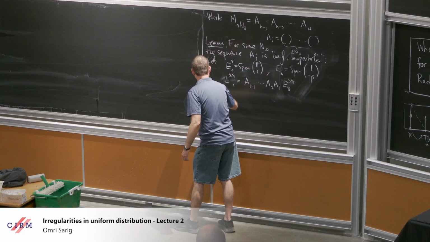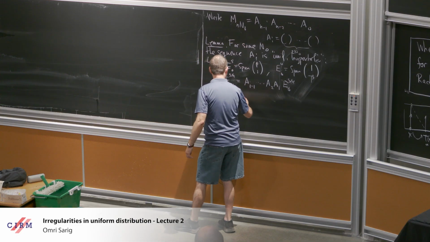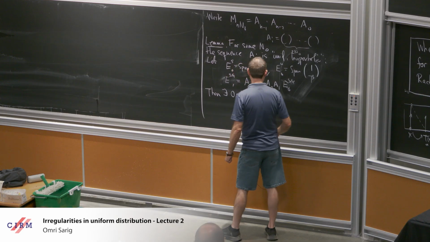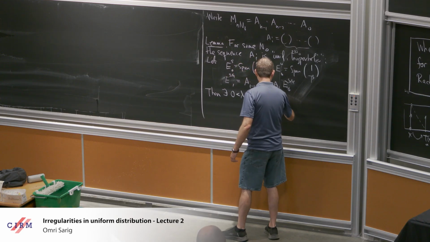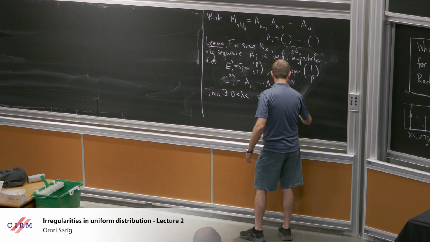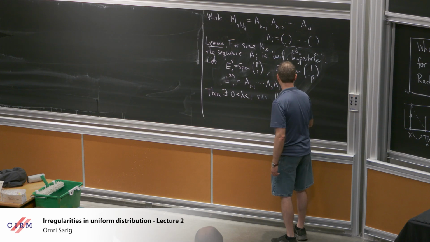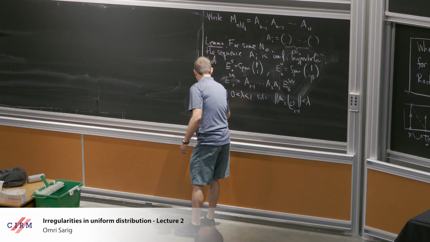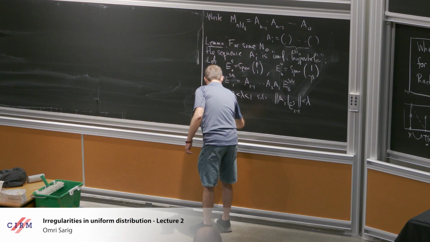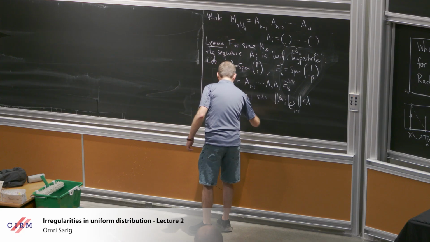Then there exists lambda such that A_i on E^s_{i-1} has norm less than lambda, less than 1, and A_{i-1} inverse on E^u_i is less than lambda.